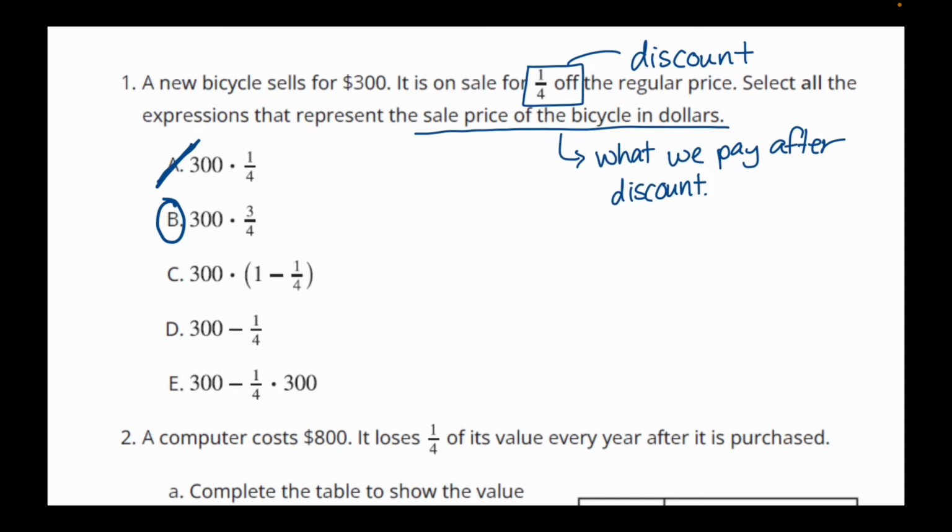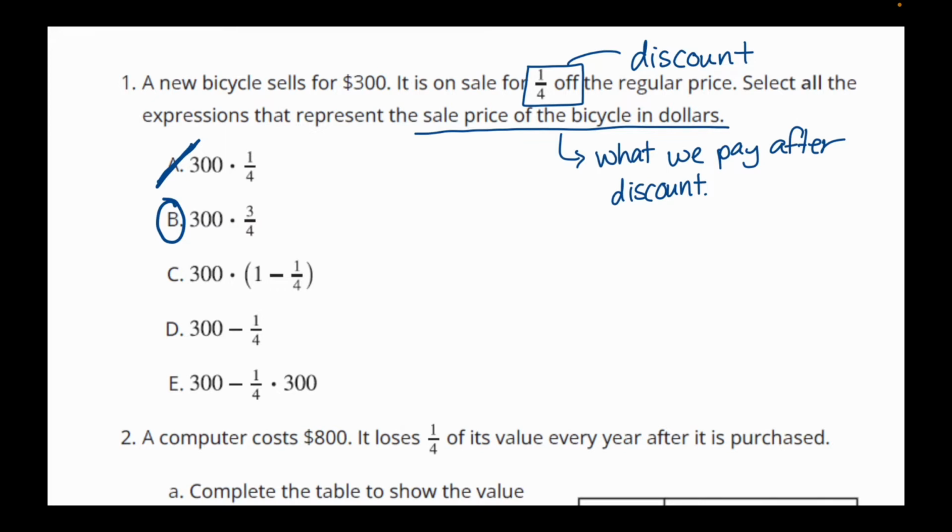B, however, 300 times the 3/4 does tell me what I would pay after the discount is taken out. So that is the base idea. Let's keep looking at our other options. Option C here says 300 times 1 minus 1/4.